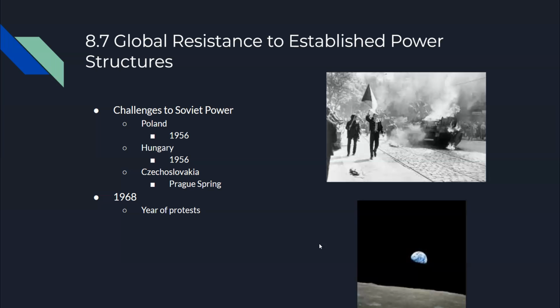And this picture is of Earthrise, which was taken at the end of 1968, in December. And it basically was like the stepping stone for the US environmental groups and many others in the world forming.